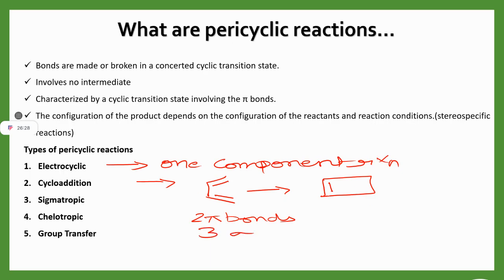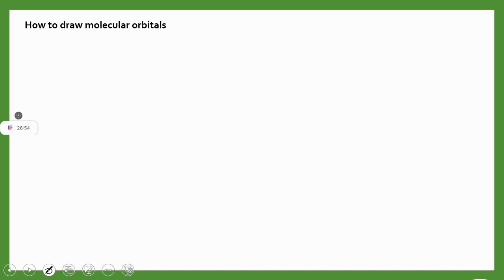And in the product, you have one pi bond and four sigma bonds. From here, you can conclude that electrocyclic reactions are characterized by one extra sigma bond forming at the cost of one pi bond, right? So this is also a key feature of electrocyclic reactions.